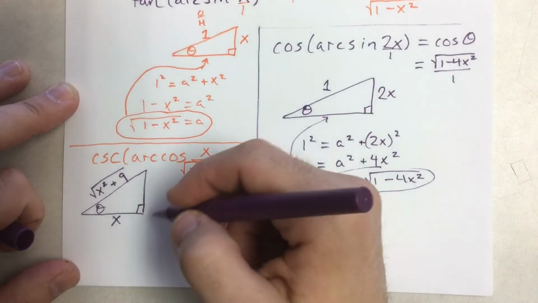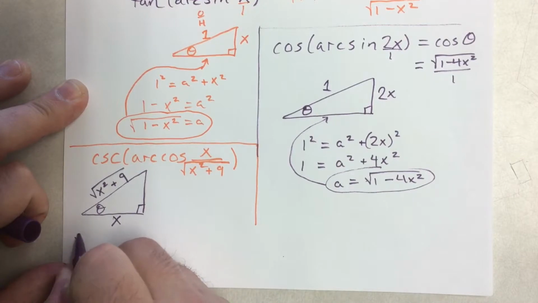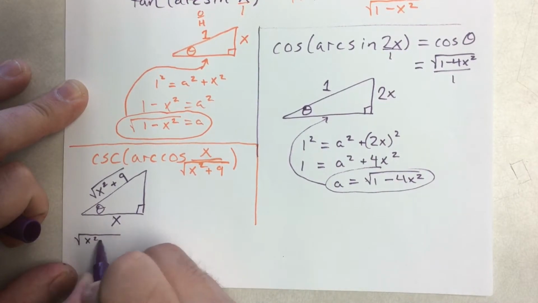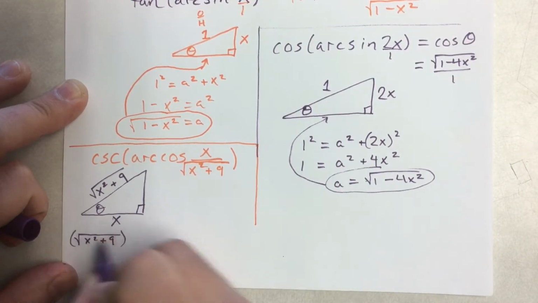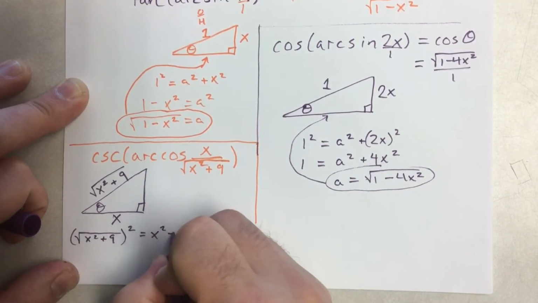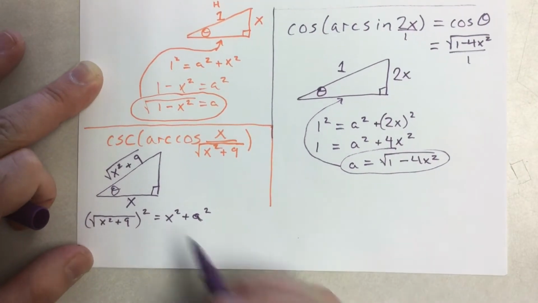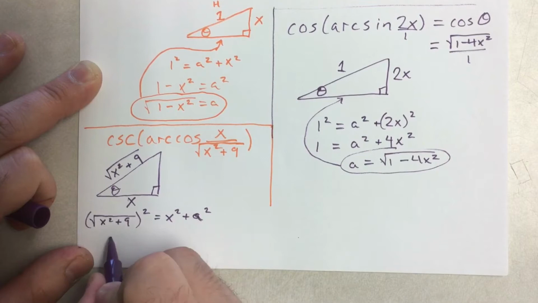So with the Pythagorean theorem, let's see what we would have. Square root of x squared plus 9, squared, equals x squared plus a squared. So solving this, square root and exponent cancel.